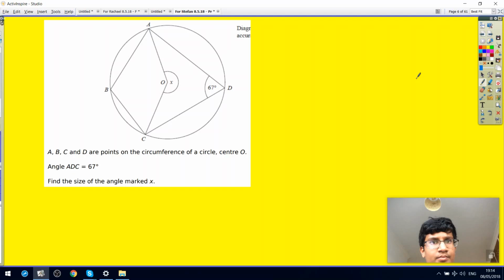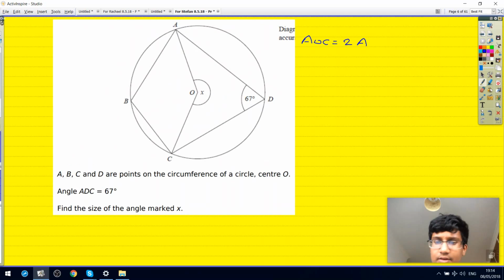So then I'll just draw the diagram really quickly. Like that, and then x is there. This is 67.